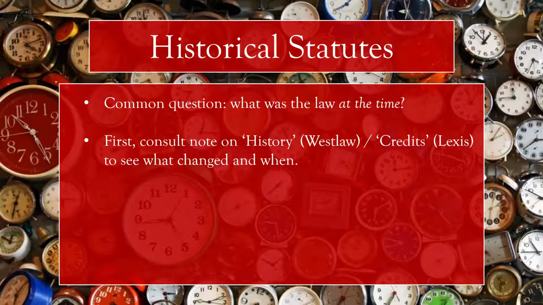So the first thing you'll do when you're doing this historical statutory research is to consult the history or credit section of the statutory section that you're researching in order to find out when that section was last updated. You'll be asking yourself when it was updated in relation to, say, the relevant conduct of your client.